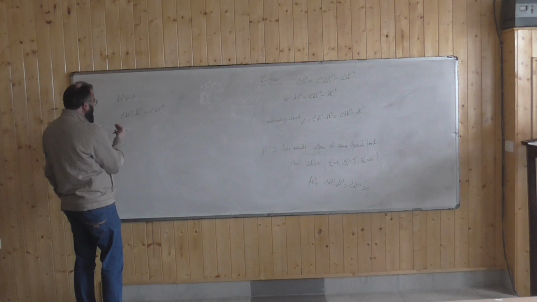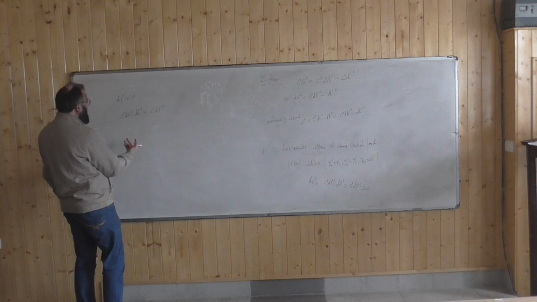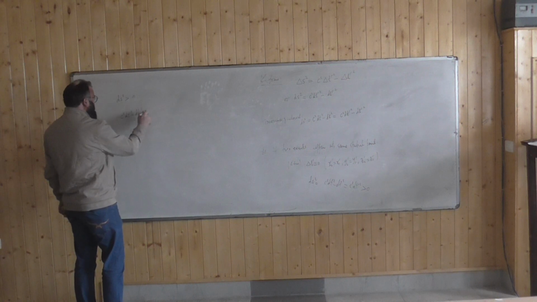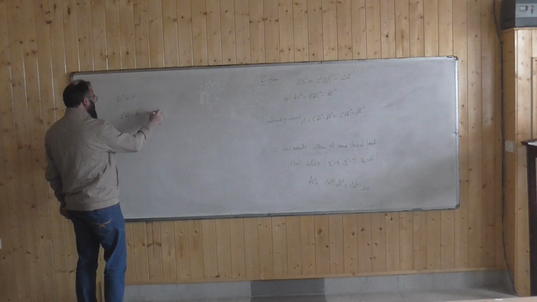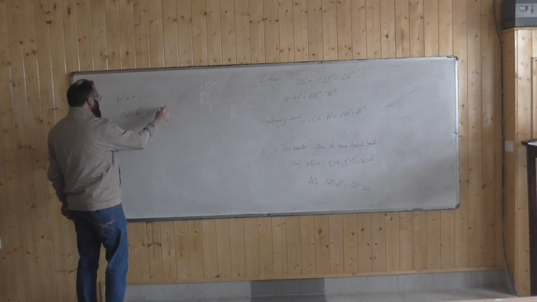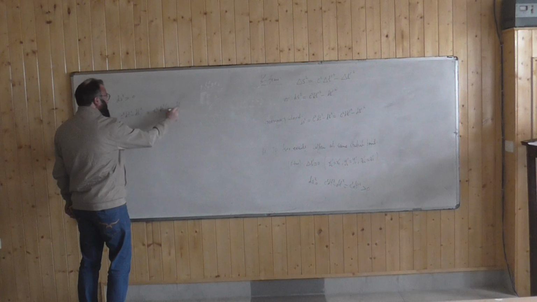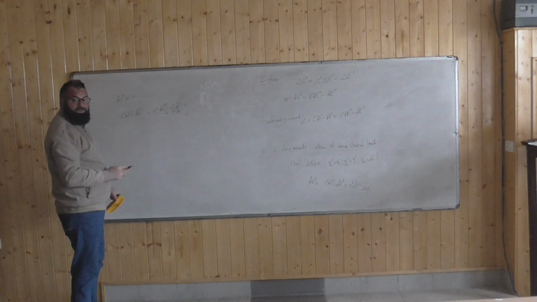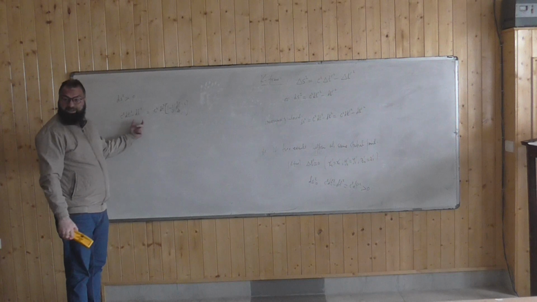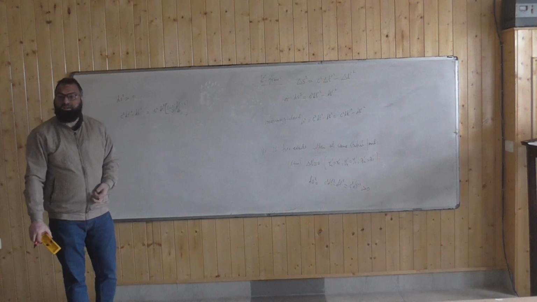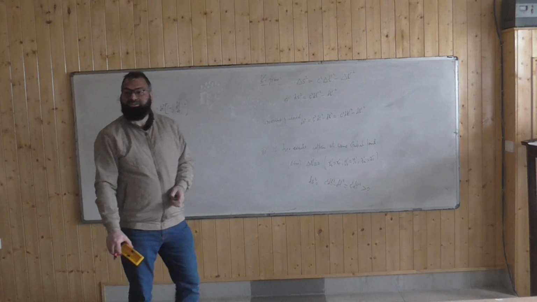Or let's write it this way: you can take dt out, c square dt square times the quantity one minus dl by dt squared. So this is in the K frame.